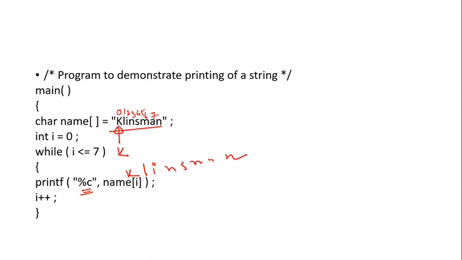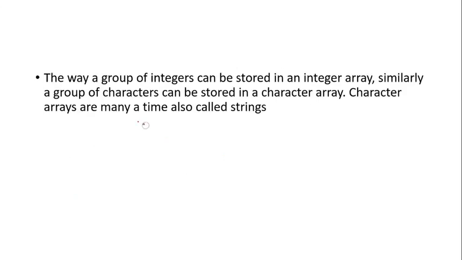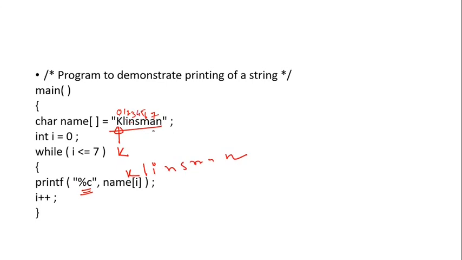So i equal to 0, 1, 2, 3, 4, this is 5, this is 6, this is 7. Up to 7 it will print, and then i plus plus will increment every time.